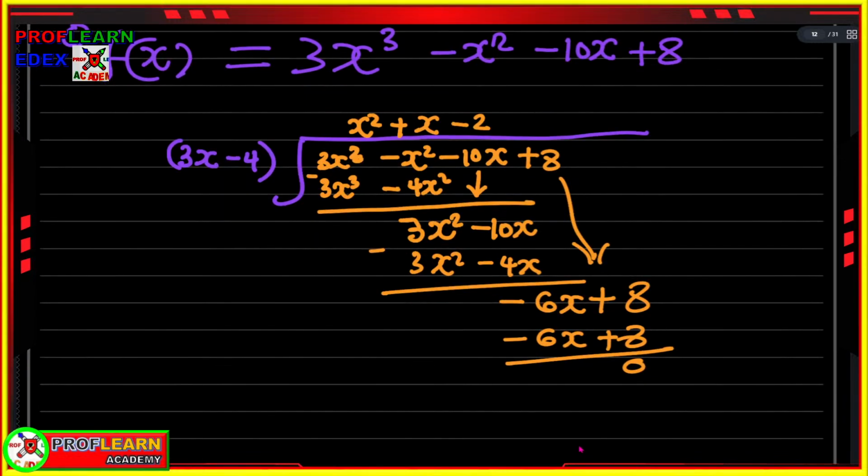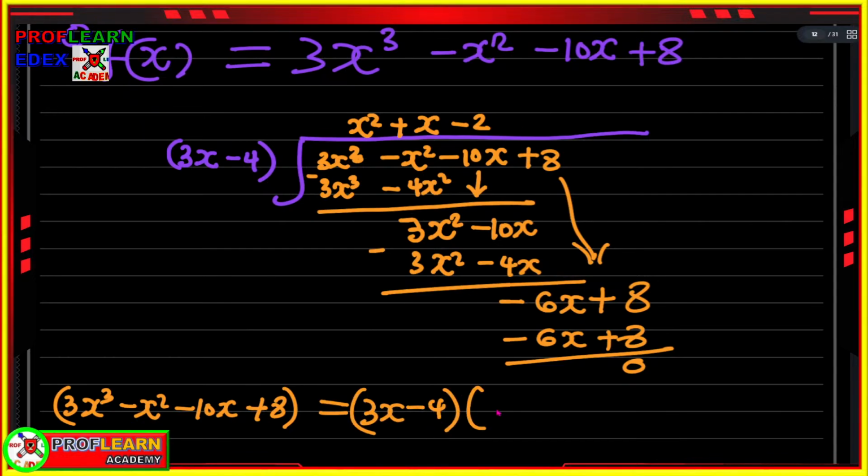So which means that f of x that we were having, which is 3x cubed minus x squared minus 10x plus 8, can be written as 3x minus 4 into x squared plus x minus 2.